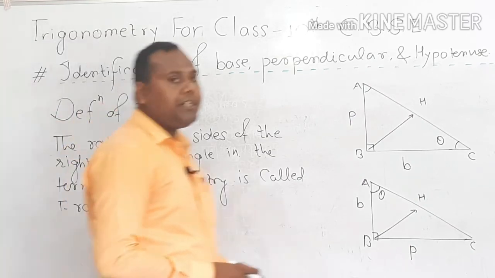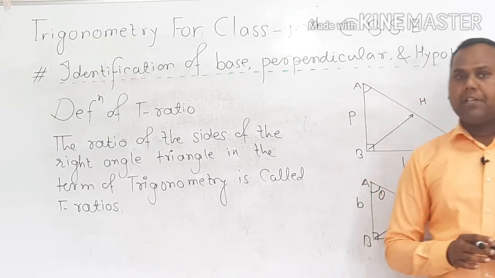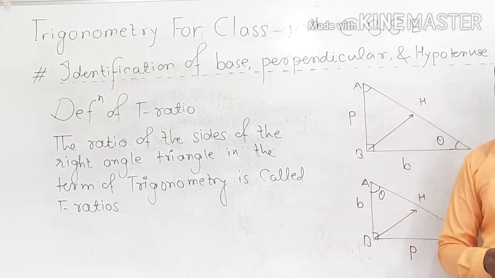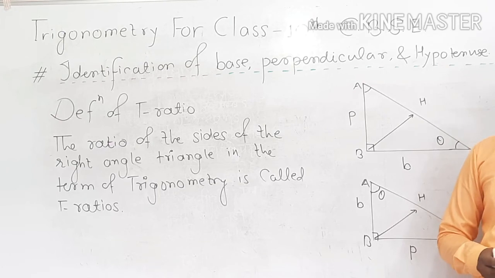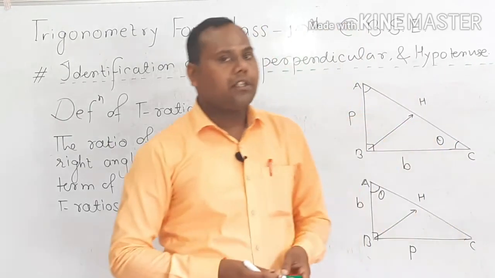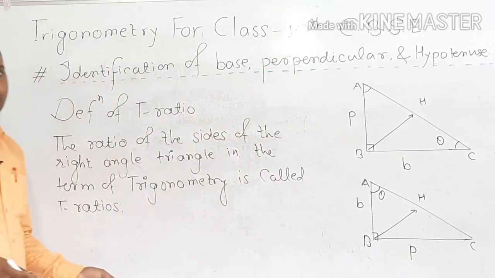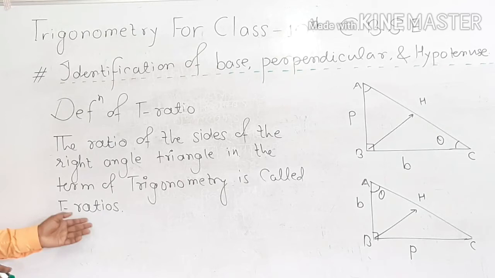So if we take any ratio of the triangle in the term of trigonometry, such as sine, cos, tan, cot, cosec and sec, it is called T ratio. But how can we determine these 6 ratios? Now see. First of all, you can take a screenshot of the content.